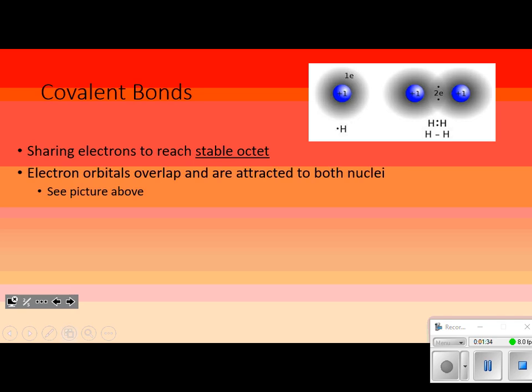To remind you of how a bond is created, I have a picture in the upper right-hand corner of a diatomic hydrogen, an H-H bond. How does that occur? Orbitals are overlapping between two atoms. And in doing so, the positive nucleus of one atom is attracted not only to its electron, but to another electron.